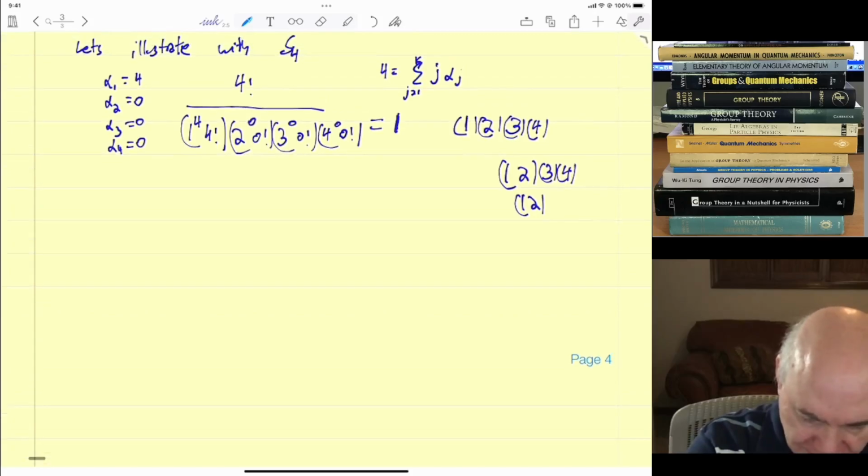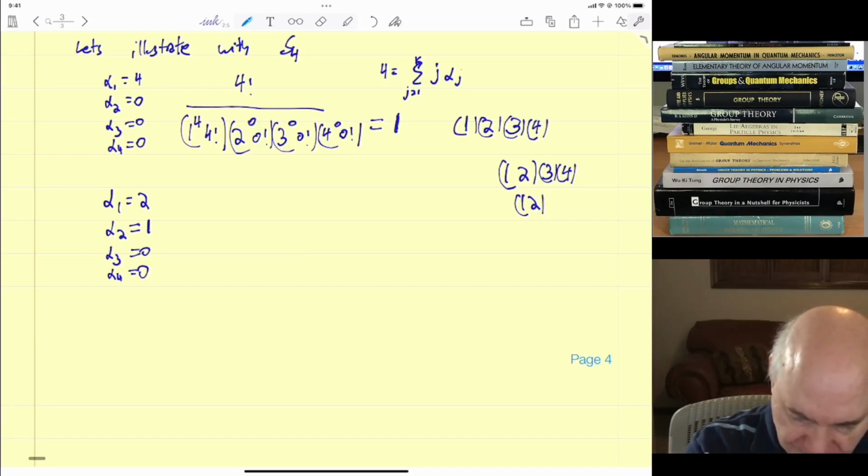So let's do our next thing. Let's say we have alpha 1 equal 2. So this takes away 2 elements, and now we have 2 elements left. There's only one place they can go, in a transposition. Alpha 2 equals 1, alpha 3 equals 0, and alpha 4 equals 0.